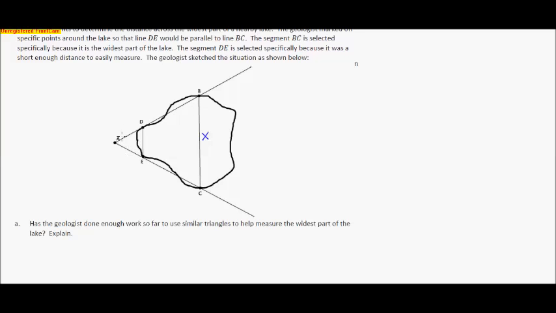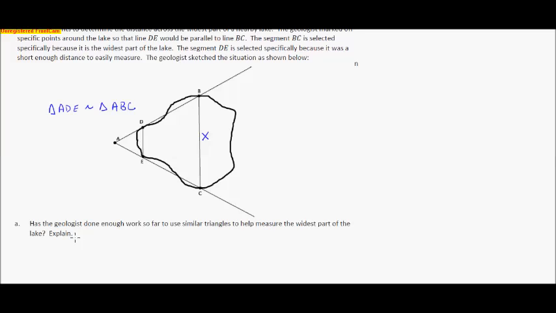Okay, so we know that these two triangles right here are similar. I'm going to write that right over here. Triangle ADE is similar to triangle ABC.